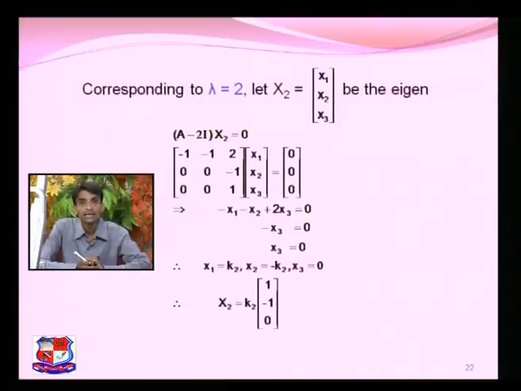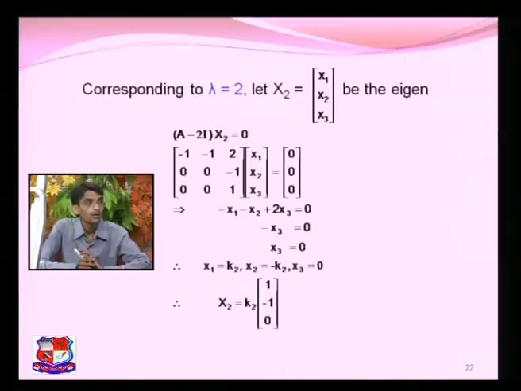So here we will get the matrix -1, -1, 2; 0, 0, -1; 0, 0, 1 into x1, x2, x3 equal to 0, 0, 0. In equation form we will get x1 - x2 + 2x3 = 0, -x3 = 0, and x3 = 0.